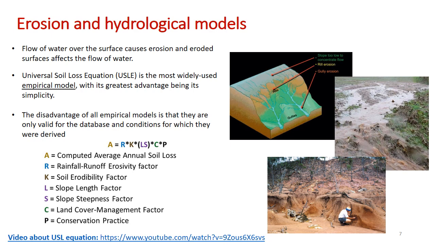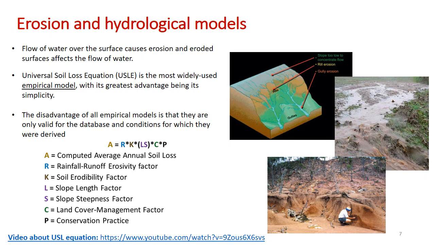Different soil types respond to erosion differently. If you have, for example, sandy and silty soil, they will be eroded more easily than a clay soil, because clay soil is more cohesive, while sand and silt soils are loose.